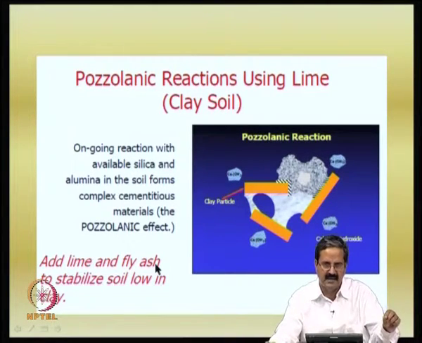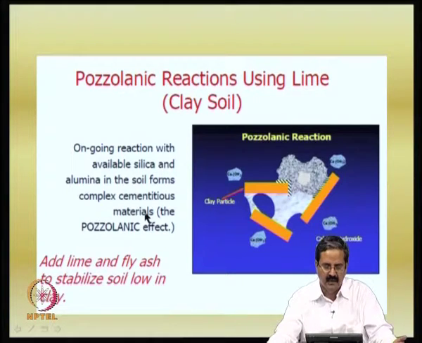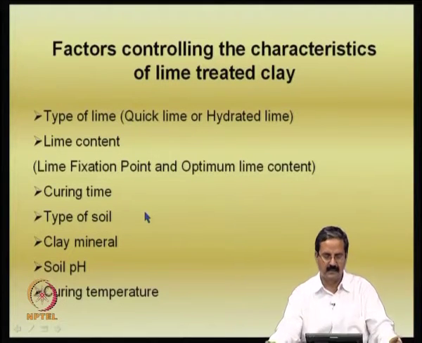Suppose the fly ash particle size is much higher than the clay, and fly ash is also somewhat pozzolanic. Actually, some fly ashes are pozzolanic and form cementitious compounds, so fly ash could be added. So, these are all quite important.